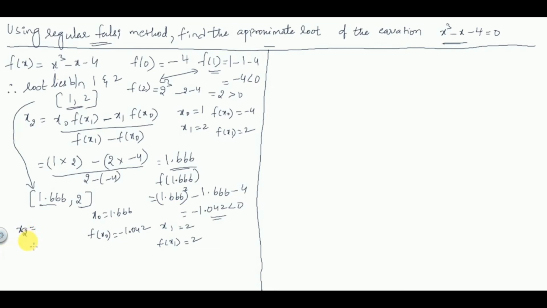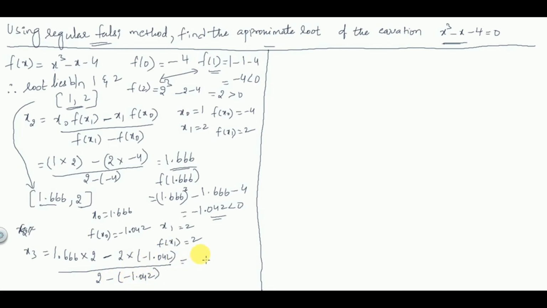Right, so substituting all those, we have to find the x2 value. So if you find that, I am taking that as x3 instead of x2. So x0 is 1.666 into f of x1 is 2 minus x1 is 2 into f of x0 is minus 1.042 divided by f of x1 is 2 minus of minus 1.042.